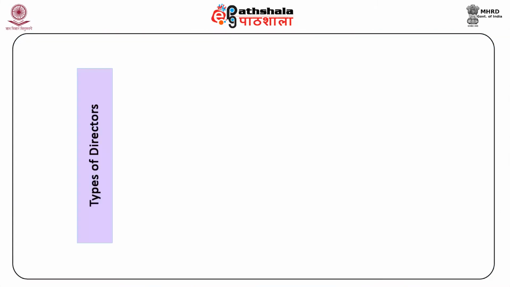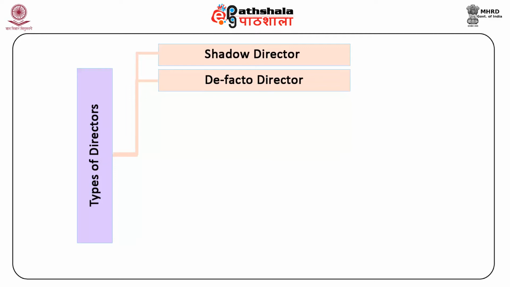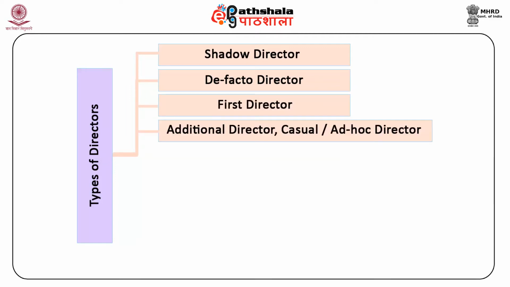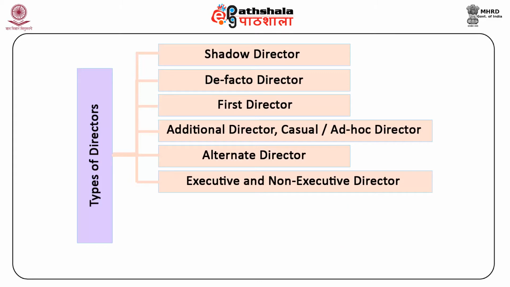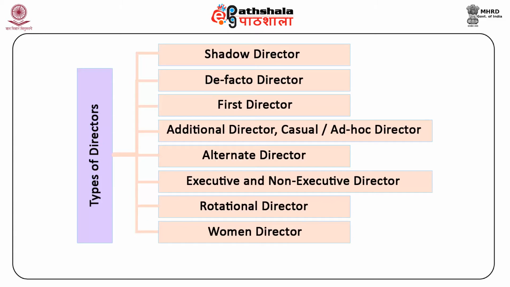The types of directors are: shadow director, de facto director, first director, additional director, casual or ad hoc director, alternate director, executive and non-executive director, rotational director, women director, and independent directors.